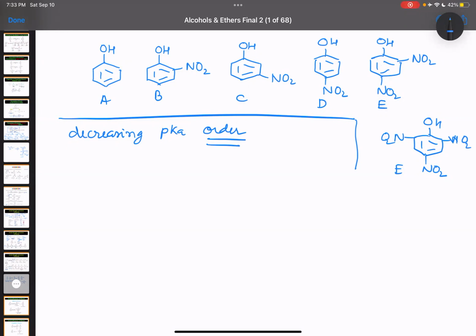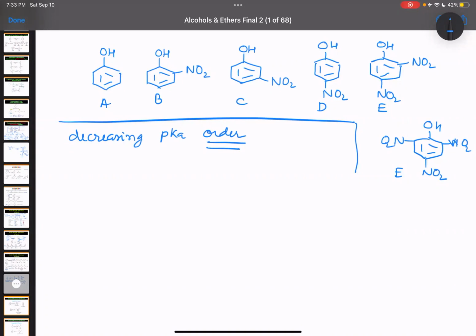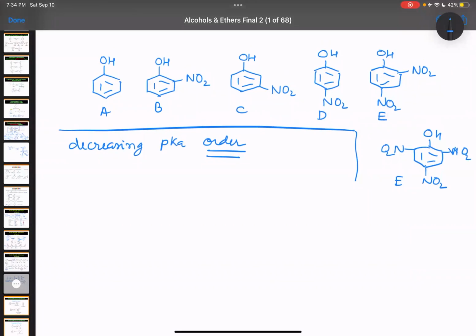Decreasing pK order you need to tell me. One thing is clear: if you are going to have more nitro groups, the phenol is going to become more and more acidic, and the pK is going to be lesser and lesser.